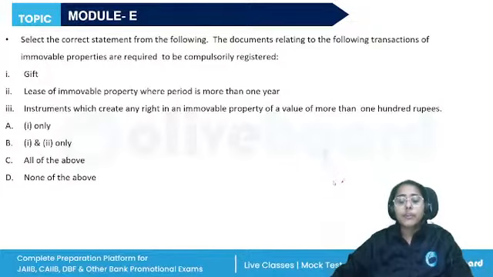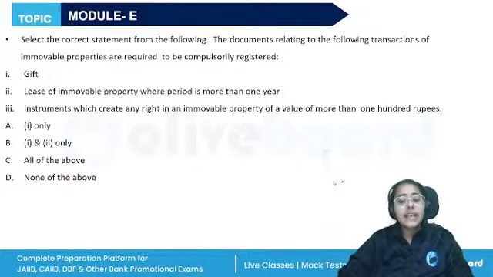Select the correct statements from the following. The documents relating to the following transactions of immovable properties are required to be compulsorily registered. Which of the following documents are required to be compulsorily registered? Gift, lease of immovable property where the period is more than 1 year.